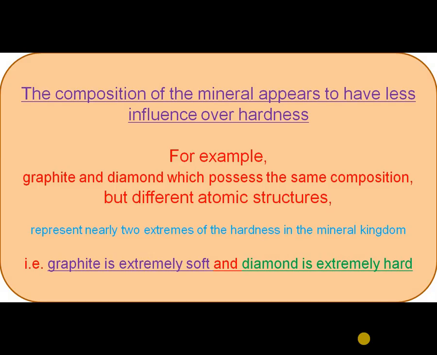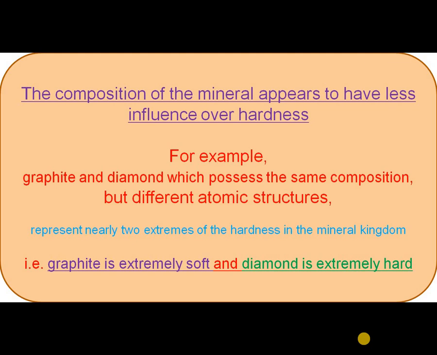The composition of the mineral appears to have less influence over the hardness. For example, graphite and diamond possess the same composition. What is the composition? It is carbon, that means C. But atomic structure is different in both the cases. So these two exhibit hardness also in a different way.